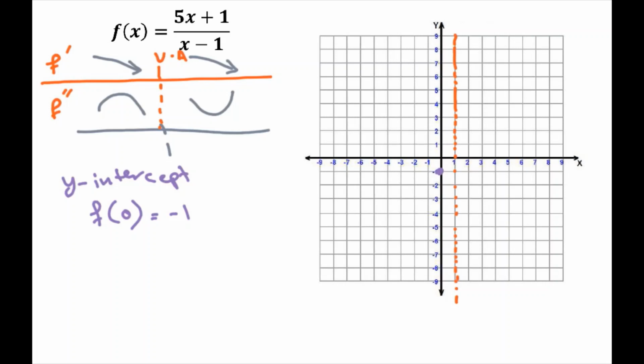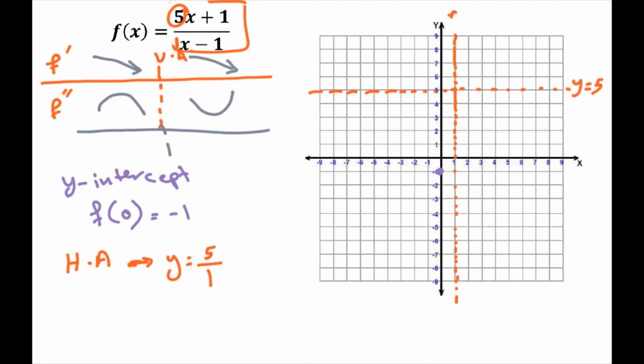Also, by looking at this function here, we notice that we have a horizontal asymptote, because the degree of the numerator is equal to the degree of the denominator. So the horizontal asymptote will be at y equals leading coefficient over leading coefficient. Remember, this is called a leading coefficient, and this is called a leading coefficient. 5 over 1 is 5. So I know at y equals 5, I do have a horizontal asymptote.